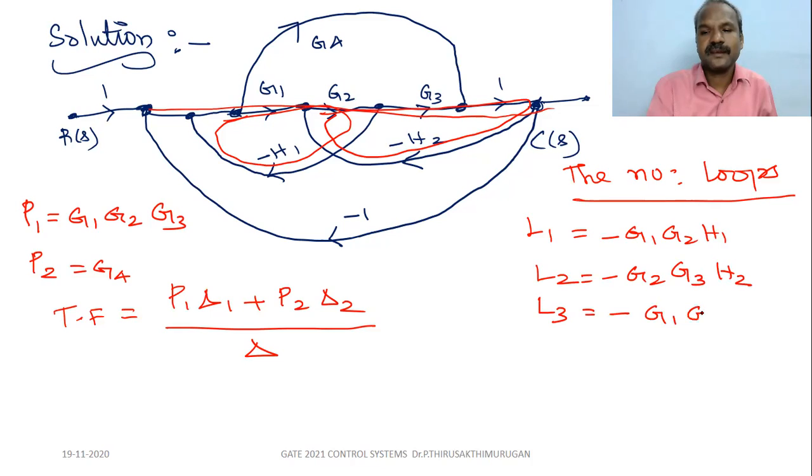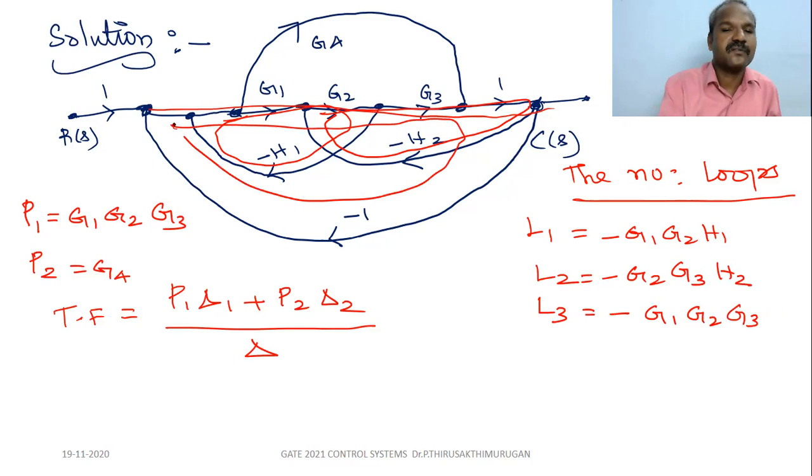Minus G1, G2, G3, that's all. So this is the third loop. Any other loop?